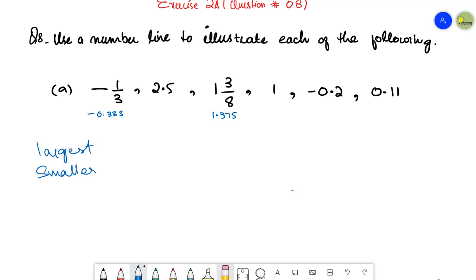So the largest value is positive 2.5. The positive value 2.5 is the largest one, and needs to be plotted on the number line, and the smallest value is, I have minus 0.3 and I have minus 0.2. So minus 0.3 is more negative than minus 0.2, so it is the smallest value, right?